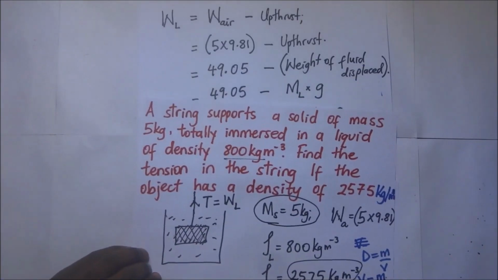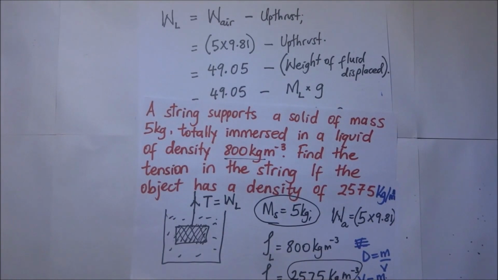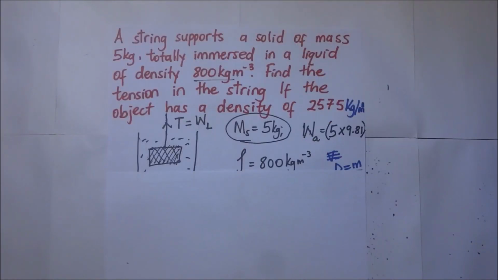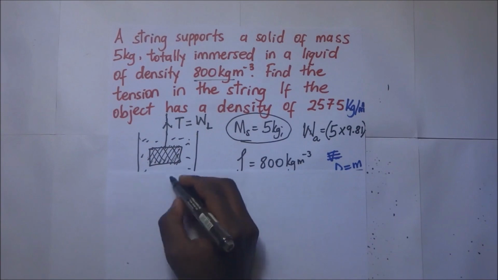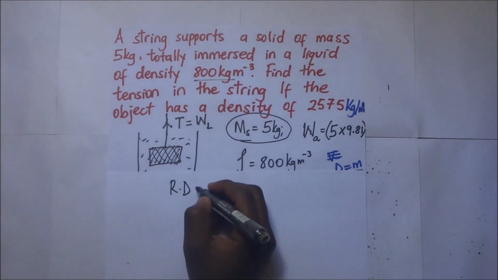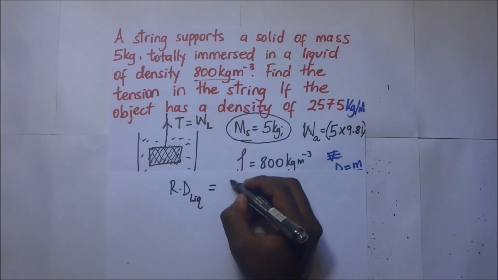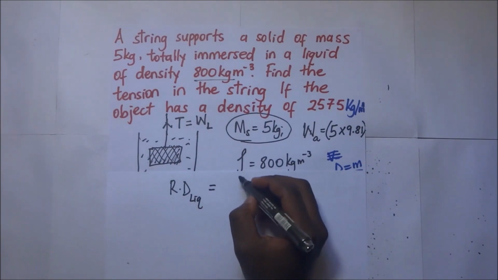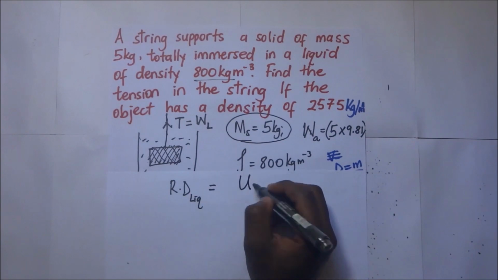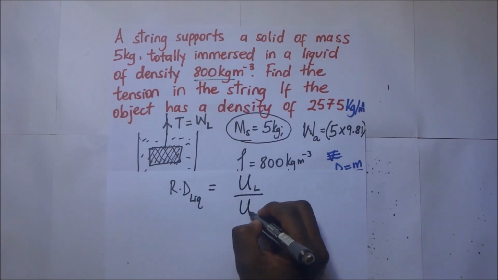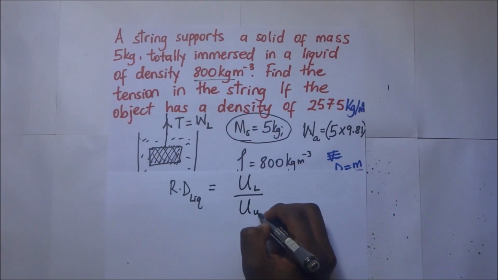There is an alternative way of doing this number that I would like to show. Remember one of our formulas from our previous workings? We know that relative density of a liquid is given by the upthrust experienced by a solid when it is in the liquid, divided by the upthrust experienced by a solid when it is in water.